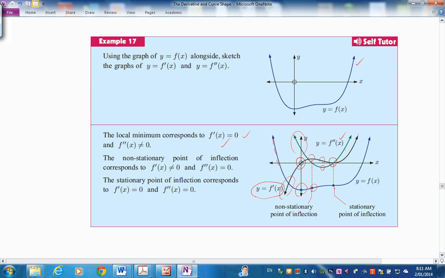Okay, and so you go down, and the turning points here, when the derivative has a turning point, that's a 0 position there and there for the second derivative.